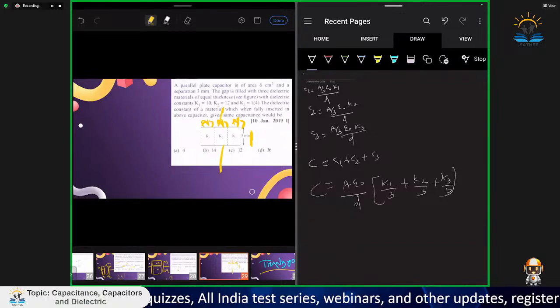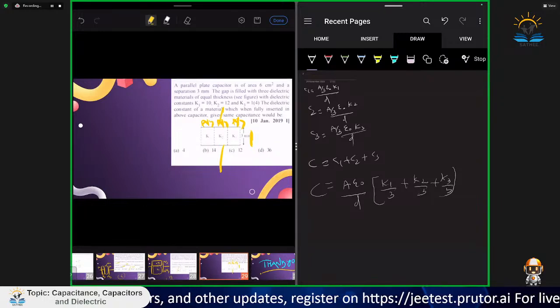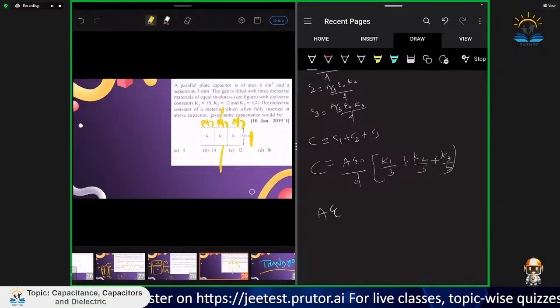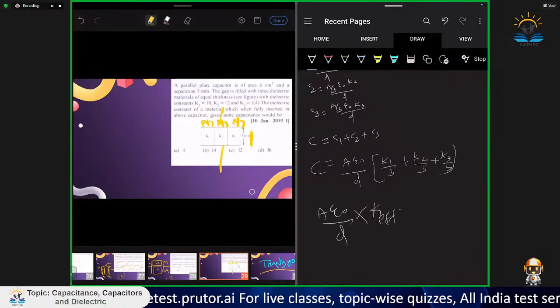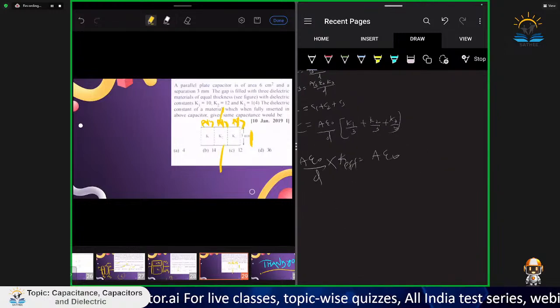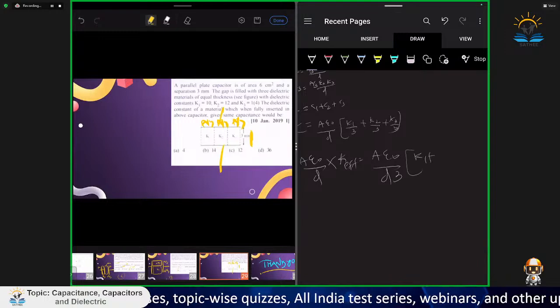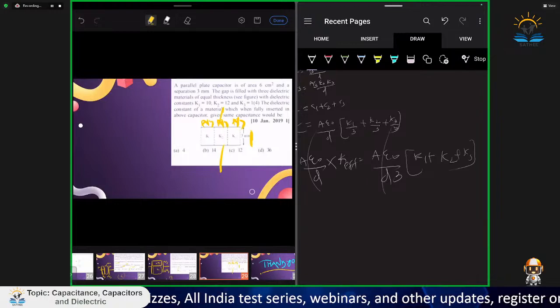We have to find the effective dielectric constant. So A epsilon by D into K effective equals epsilon A by D into 1 by 3 of K1 plus K2 plus K3. So we get the right answer.